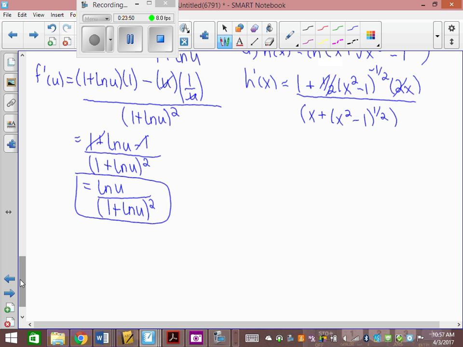Now, some people will leave it like this, but remember I told you, you can't have a partial fraction in the numerator. So we're going to have 1 plus that, all over... if you left it there, you wouldn't be wrong, but it wouldn't be final.